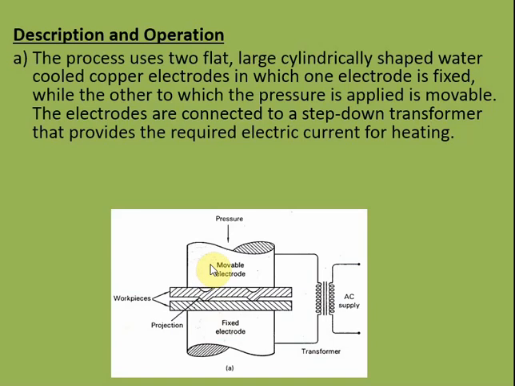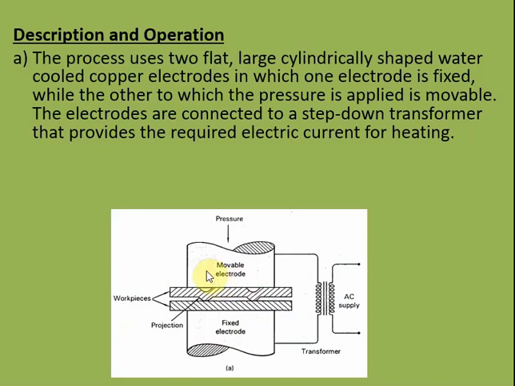The electrodes are connected to a step down transformer, and the electrodes are cooled with either some coolant or water circulation. This is the construction. And one more thing, the bottom electrode is the fixed one and the top electrode is the movable one.